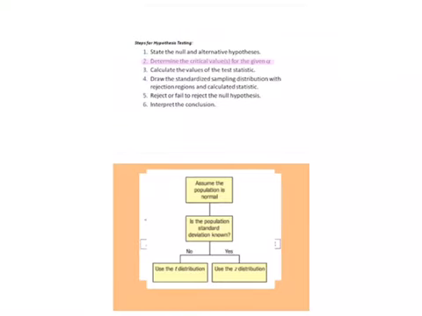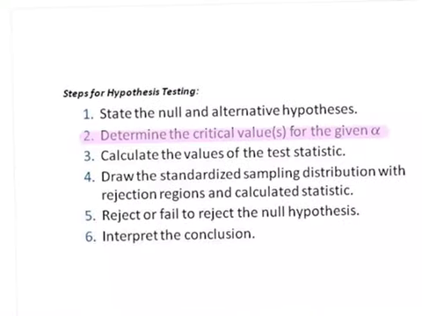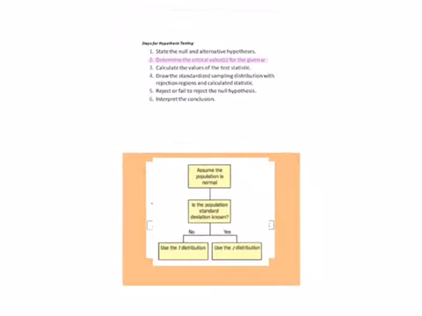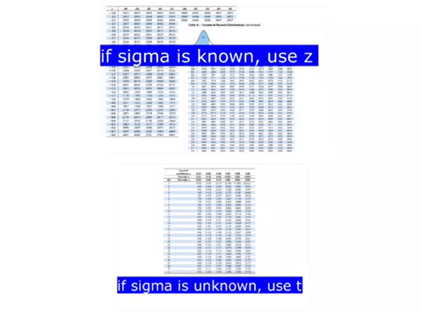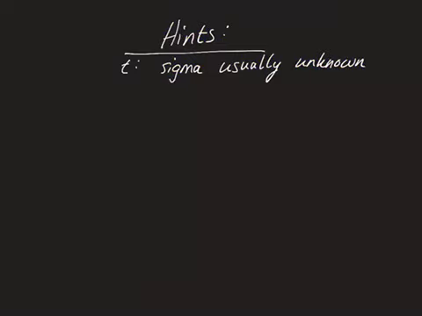Moving to step 2. The critical values. These are your charts. If you know sigma, you're going to go to the Z. If you don't know sigma, you're going to go to the T distribution. A few hints here.